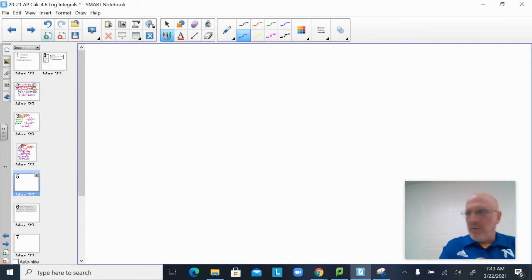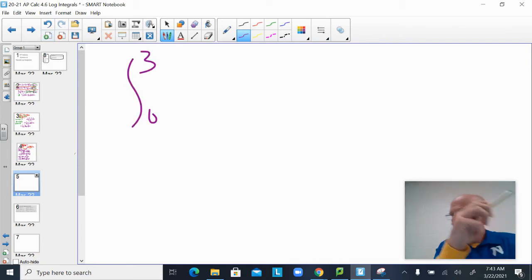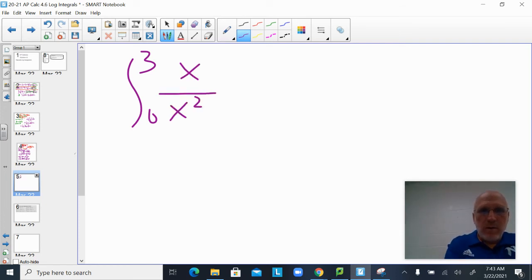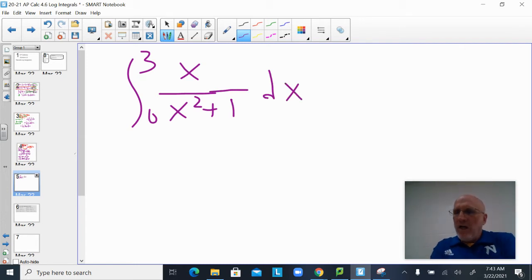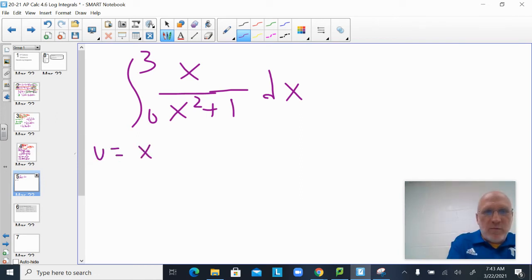And then your third example is a definite integral. It says the integral from 0 to 3 of x over x squared plus 1. All right. Well, if I call u the bottom, x squared plus 1, its derivative is 2x, which is almost what the top says. So I kind of like that, I think. So I'll call u x squared plus 1, which makes the derivative of that 2x dx.